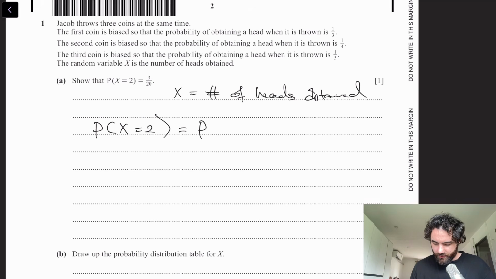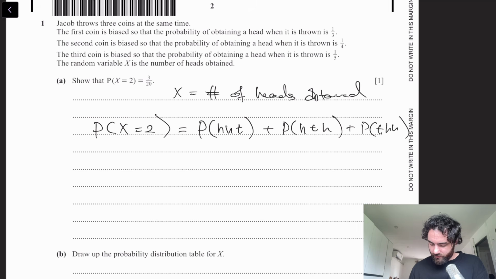The probability that he throws, when he throws them all together, a head, a head, and then a tail, plus the probability that he gets a head, a tail, then a head, because we want exactly 2 heads, plus what? The probability tail, head, head.